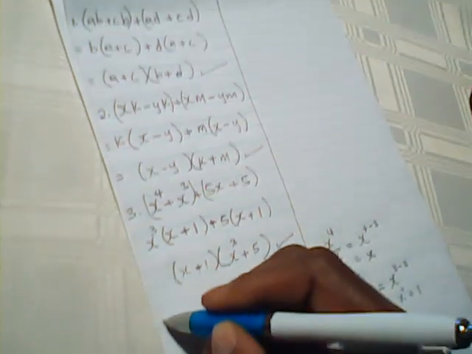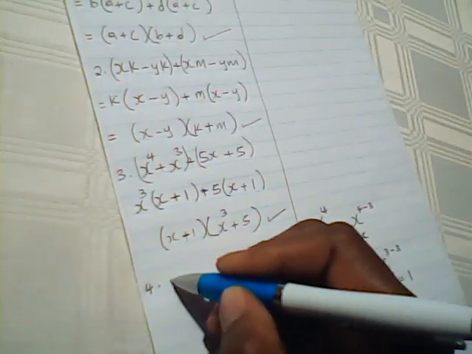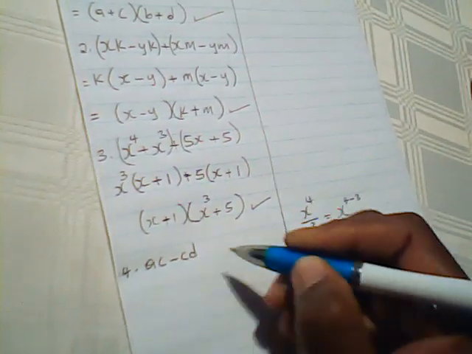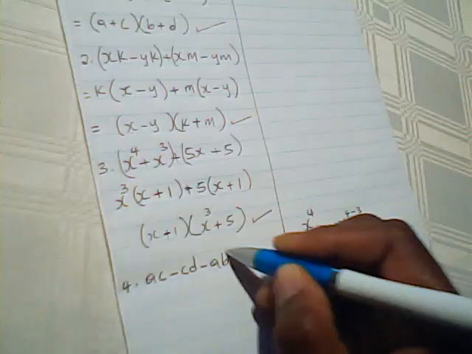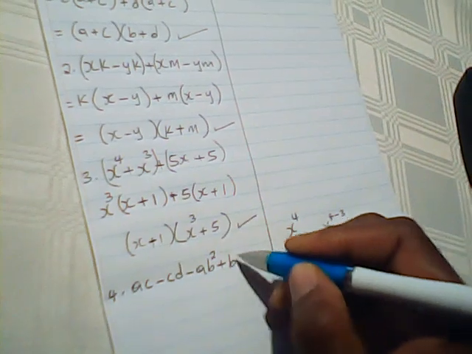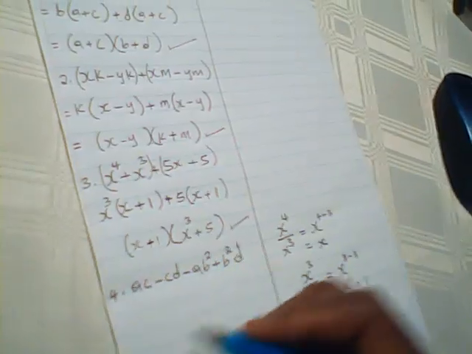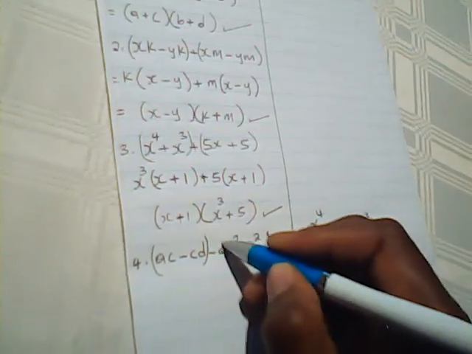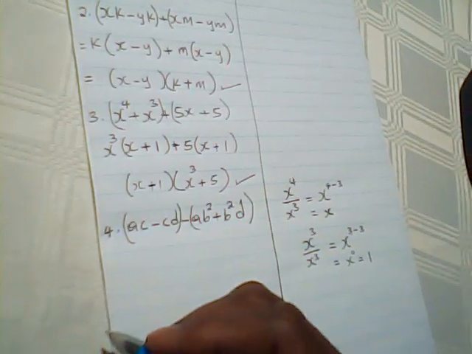Number 4. Number 4 says AC minus CD minus AB squared plus B squared D. The first thing that you're supposed to do, you group them because they are 4 terms.